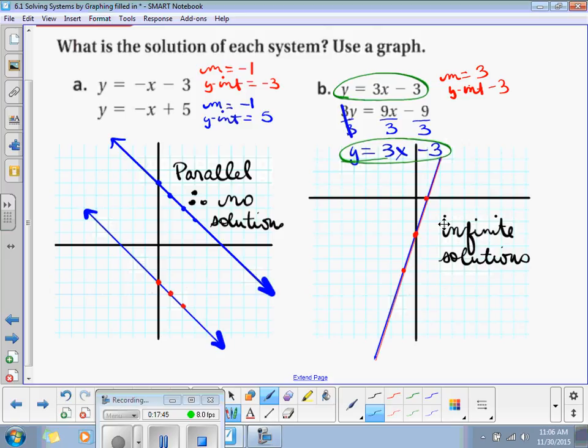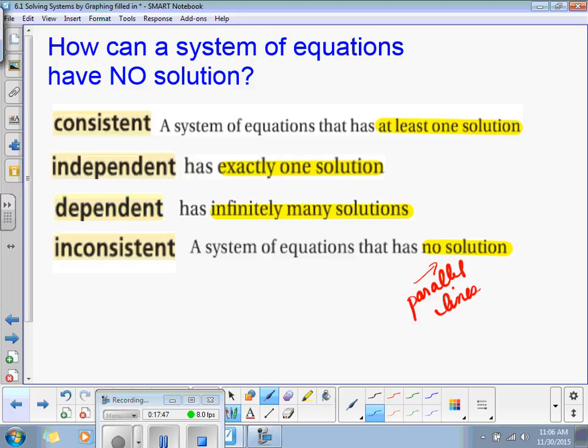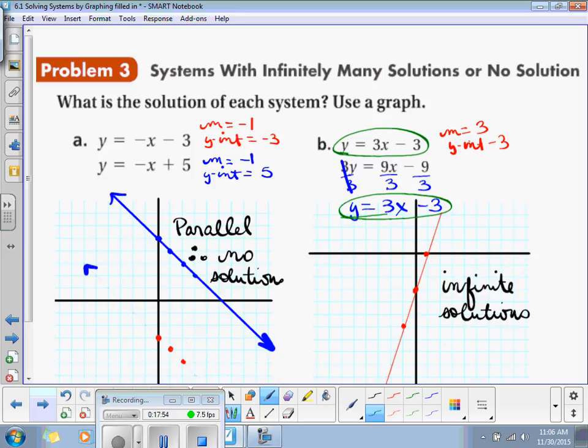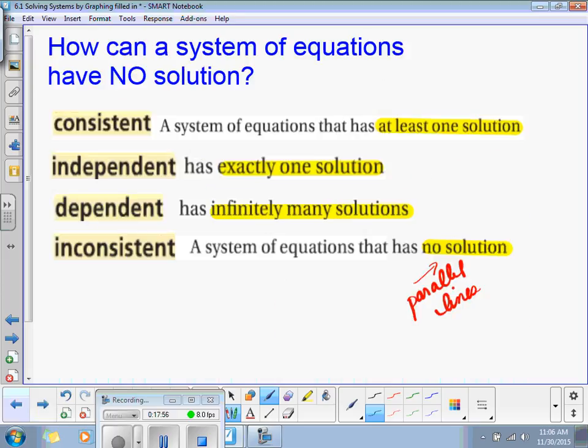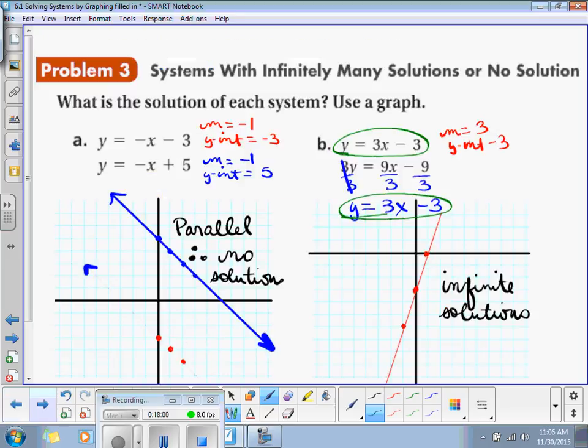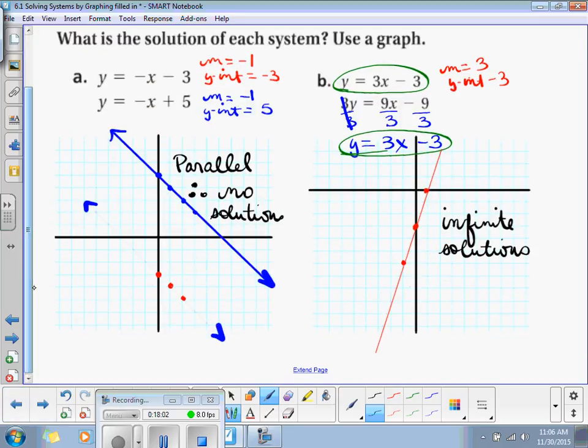If this one has no solution, this one is what? This one is inconsistent. And when it has infinitely many solutions, that is a dependent system. So we can also put that information in there.